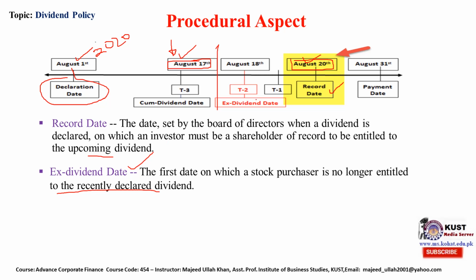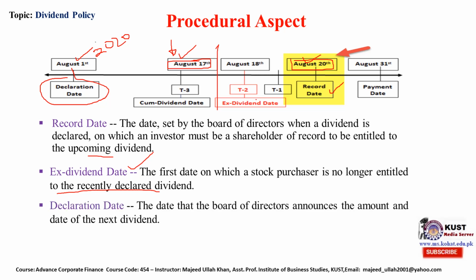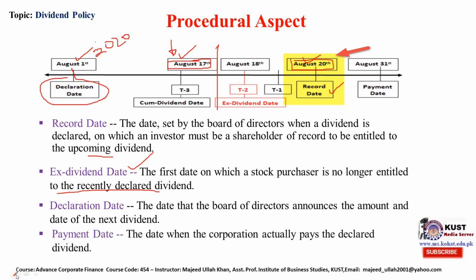So, declaration date: the date on which the board of directors announces the amount of the next dividend. Payment date: the date when the corporation actually pays the declared amount of dividend.